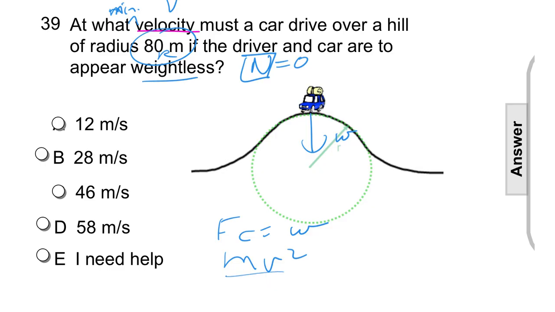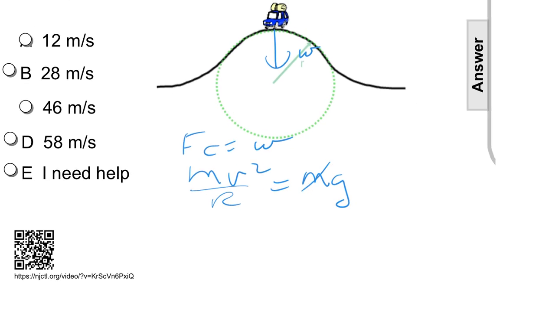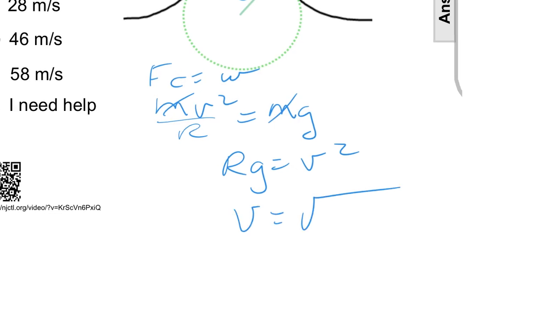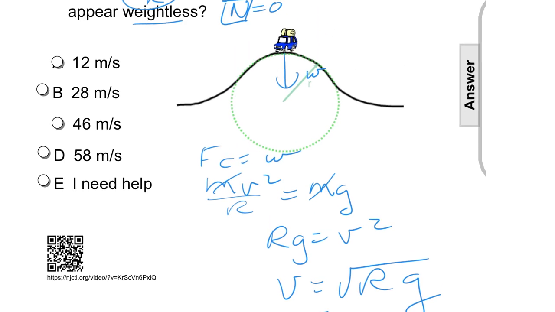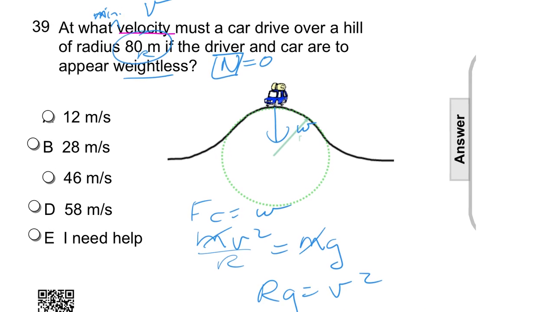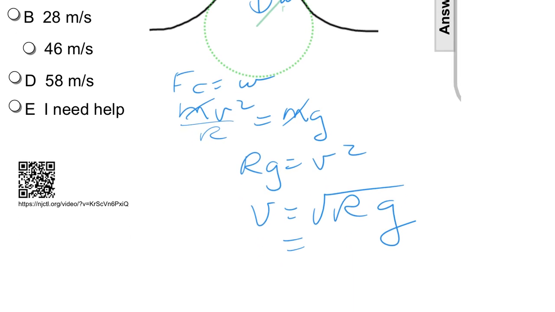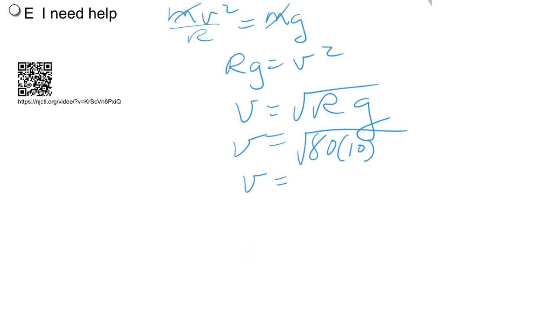So mv squared over r equals mg, and I don't have to derive the equation again. Rg equals v squared. V equals the square root of Rg. I could just plug directly into the equation. Okay, so the radius 80 times the acceleration due to gravity, and I get 28 meters per second.